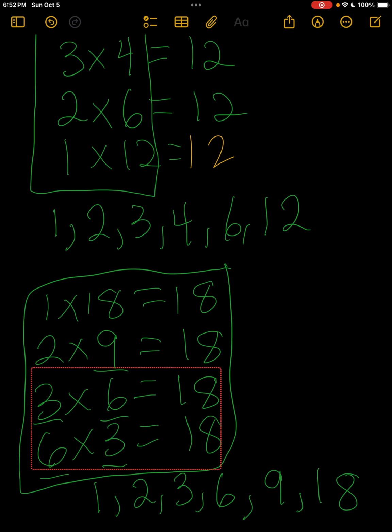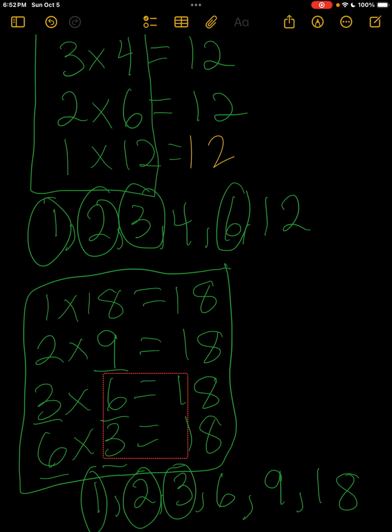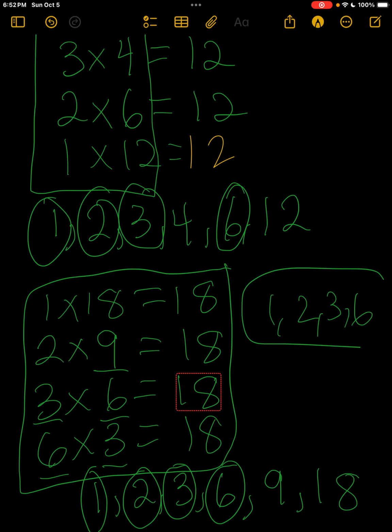And then when we talk about which ones they have in common, that would be just looking at them and circling which ones are the same. 4 is not a common factor, so we don't circle that. But 6 is. So then those are all of the common factors: 1, 2, 3, and 6 between 12 and 18.